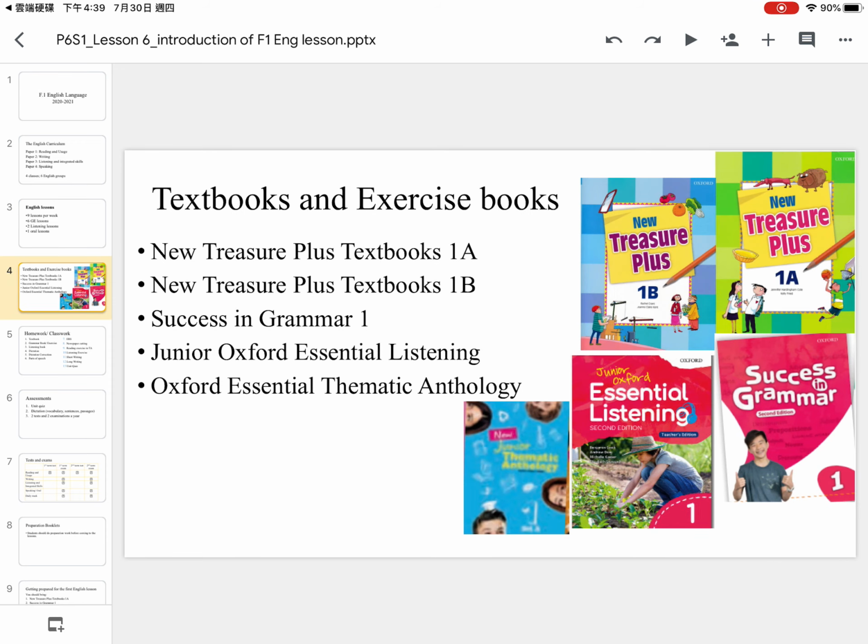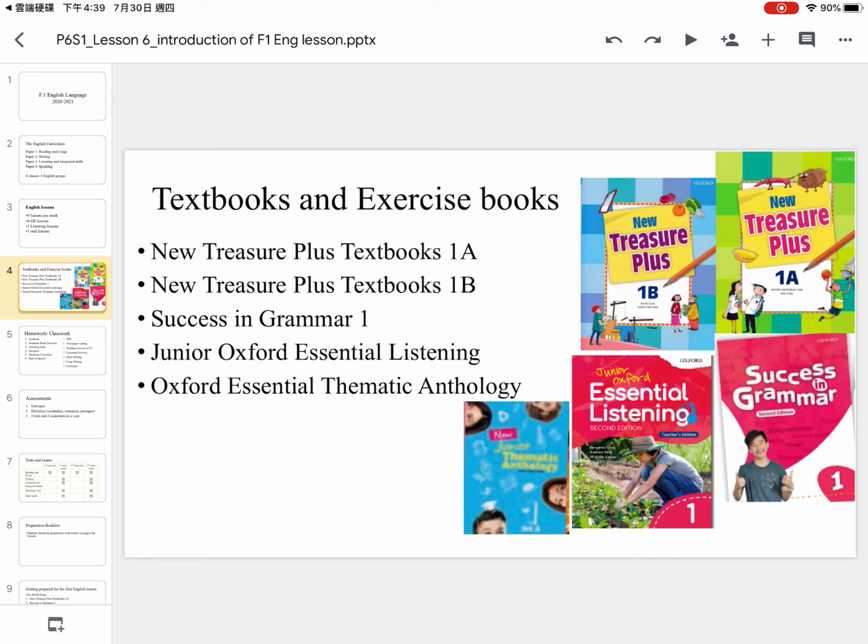So, in order to prepare for the English lessons, make sure that you have bought these exercise books and textbooks. They will be the New Treasure Plus Textbook 1A, New Treasure Plus Textbook 1B, grammar book, listening book, and also the reading exercise.